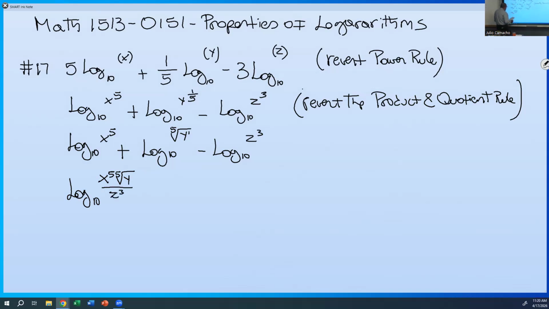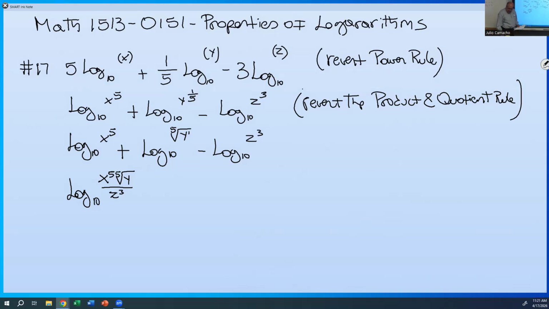And that will be the answer for this example number 17. So you can see we're trying to practice these different rules and different scenarios, so that when you are in your homework, you know what to do.